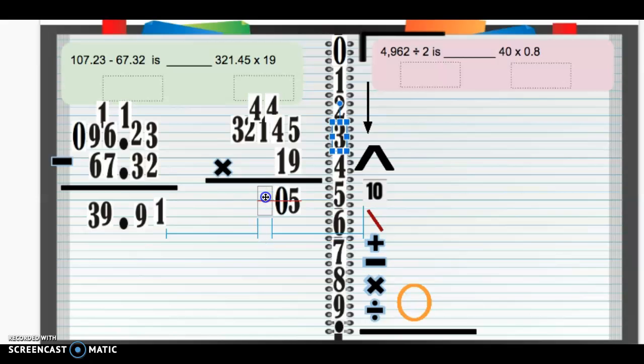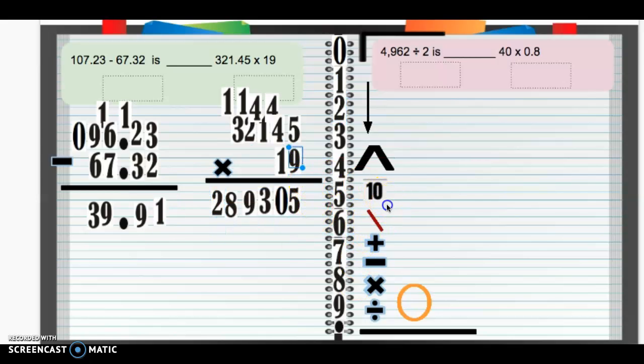So we put our 3, and we put the 1 above. Then we have to do 9 times 2, which is 18, plus the 1 is 19. So I put the 9, and then the 1 above. 9 times 3 now is 27. 27 plus 1 is 28. So we put our 8, and then our 2.